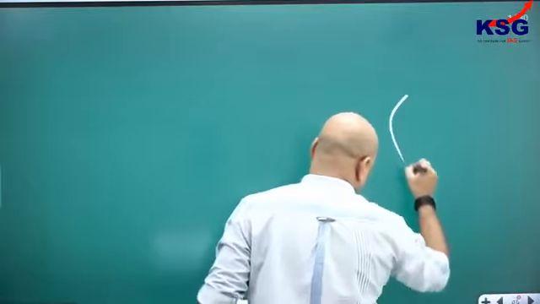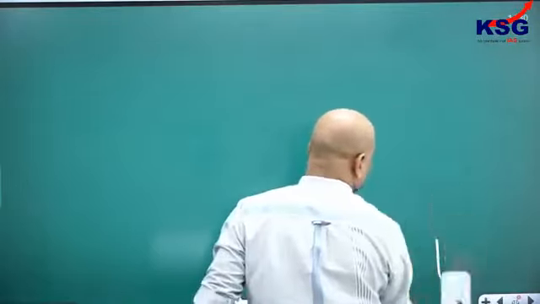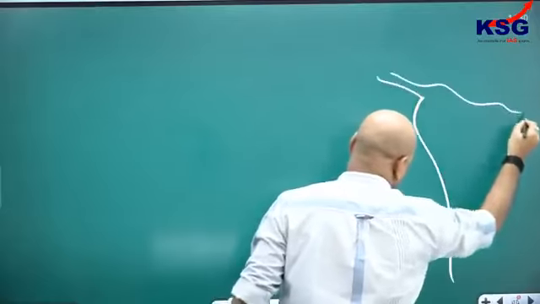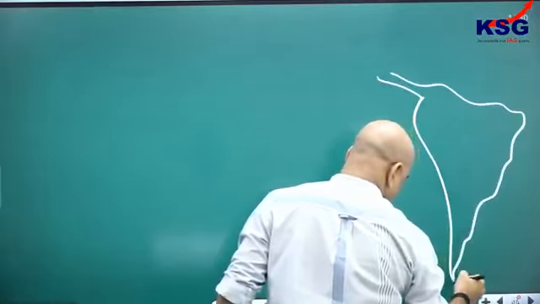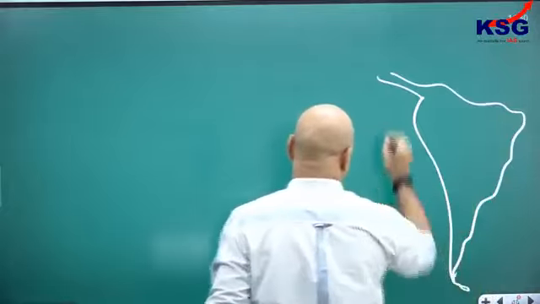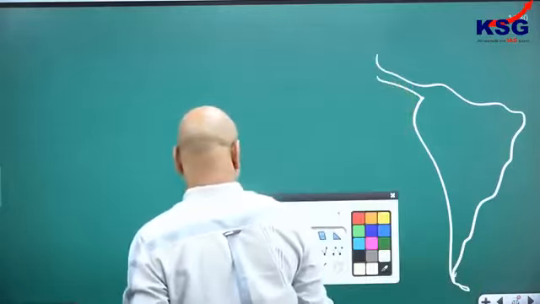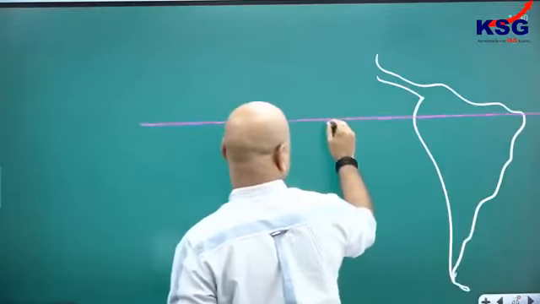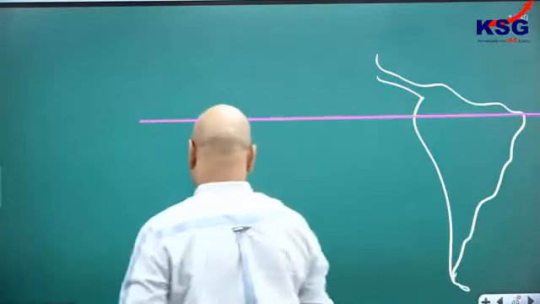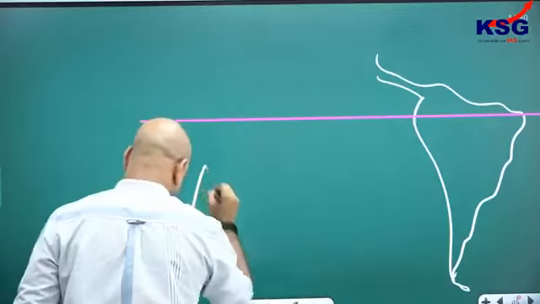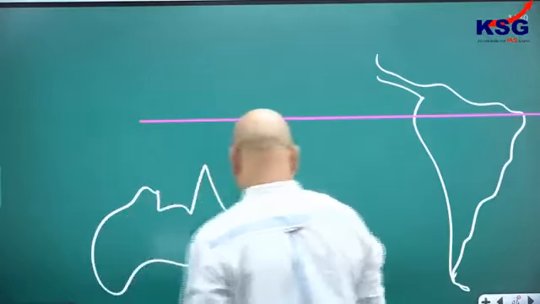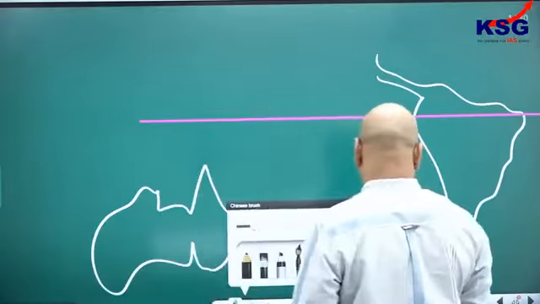And just see this. Here is your cold oceanic current. These are cold oceanic currents. Okay. In general, what happened?